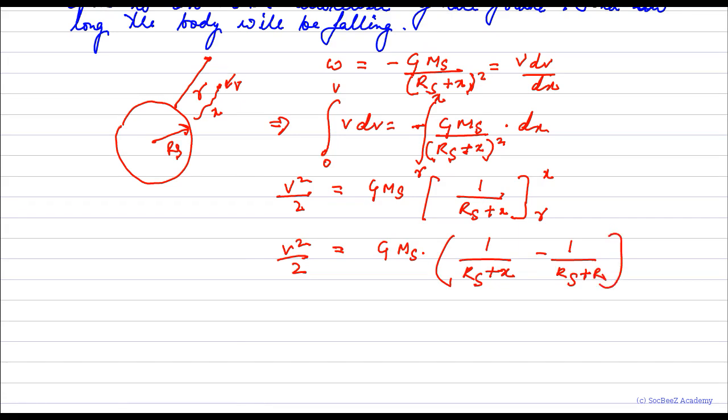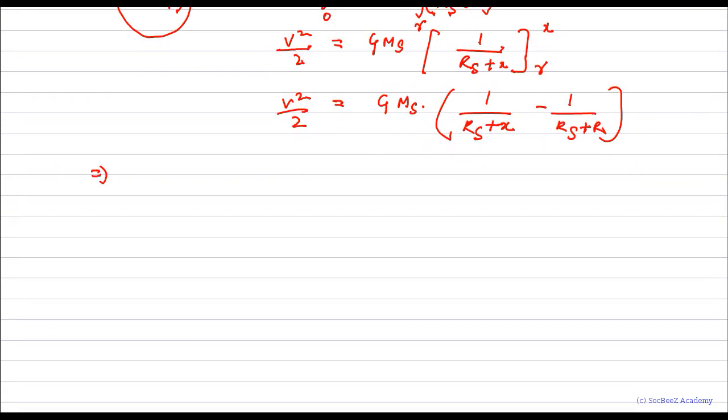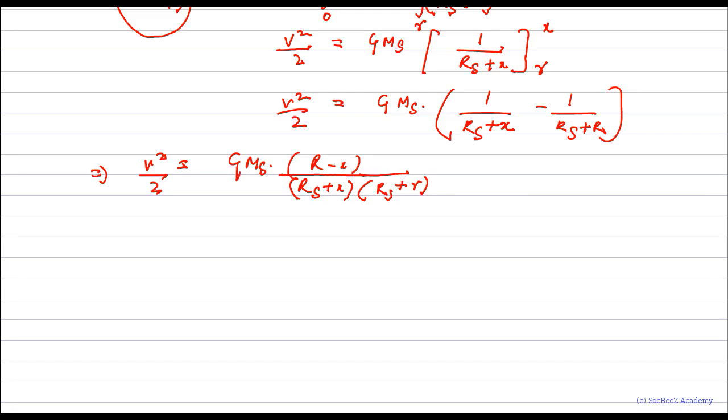So this gives me v square by 2 as G Ms into (r minus x) upon (Rs plus x) into (Rs plus r). Sorry, this should be smaller, and here too.